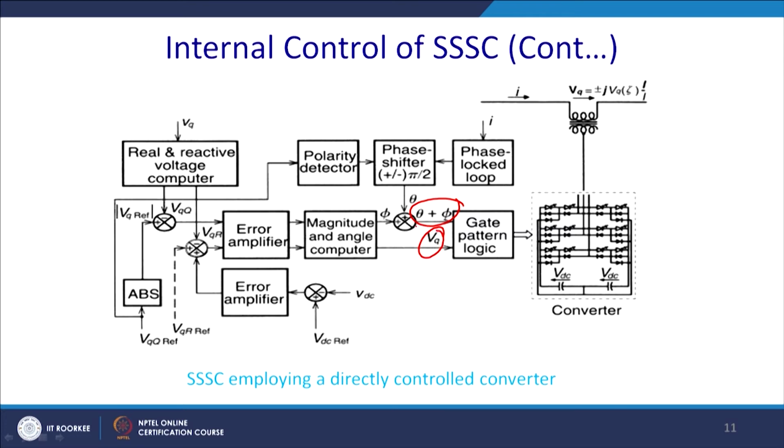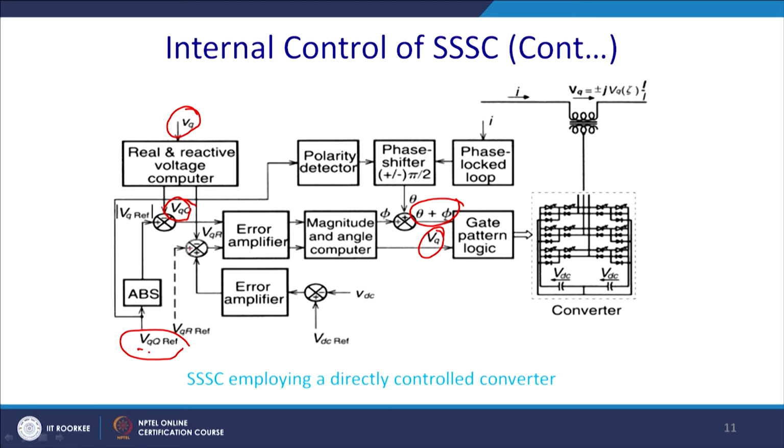You have to feed both to the gate pattern logic. Let us see what the differences are from the indirect control technique. The computer will compute VQ, and you have a VQ reference, and from there you subtract to get VQ. Similarly, you have a real power reference, VQR reference, that you will feed.